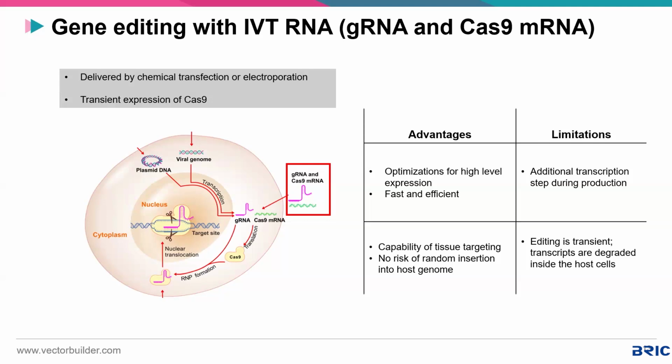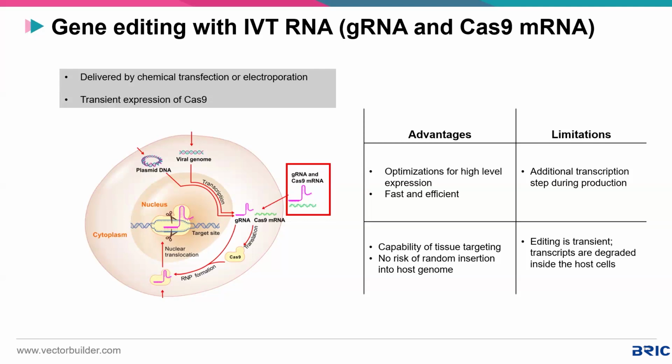And because we are introducing mRNA into the cells, transcription does not have to happen inside the cell, which means that the action of the CRISPR system is pretty fast and efficient. It's almost ready to go. And because it's RNA, it will not integrate into the host genome. There is also the capability, depending on the delivery method, of targeting specific tissues.